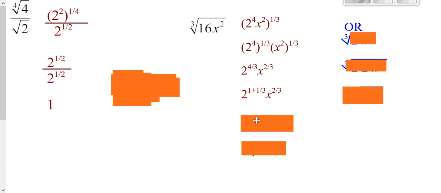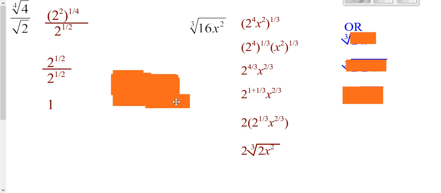That 2 to the 1st is a 2. Then you'd have a 2 to the 1/3, because remember, if you have 2 to the power times 2 to the power, you add your exponents. So now you'd have a 2 in front of your root, and then here, this would really be inside of a cube root with a 2 to the 1st and an x squared.